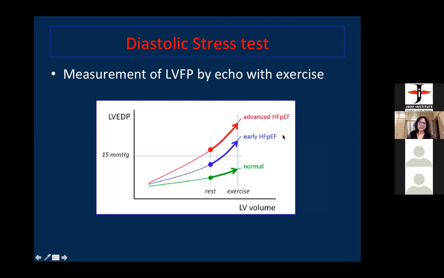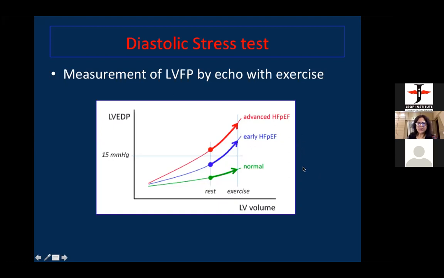As Sir said, lung function test is normal, everything is normal, coronaries are normal, but the patient becomes short of breath with walking. While taking the morning or evening walk, the patient goes into failure. So we need to find out this group.